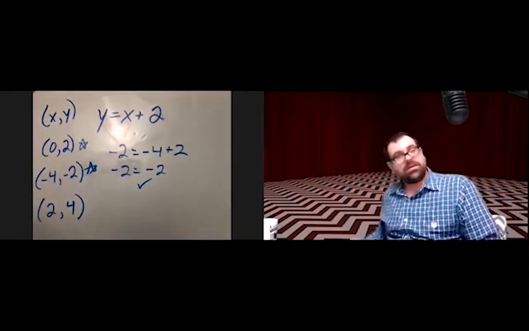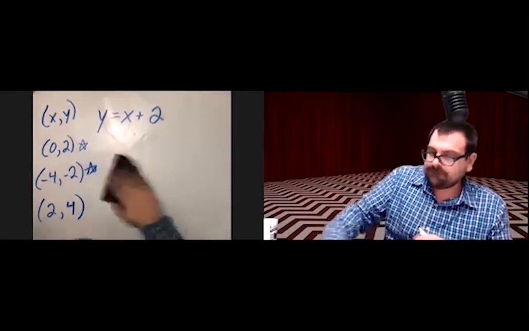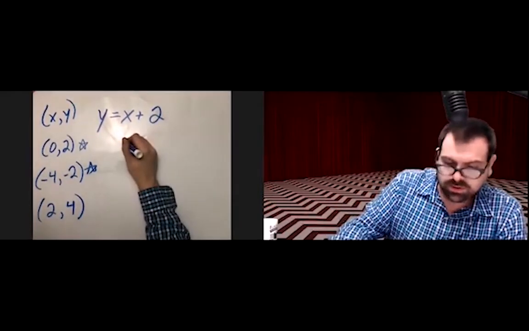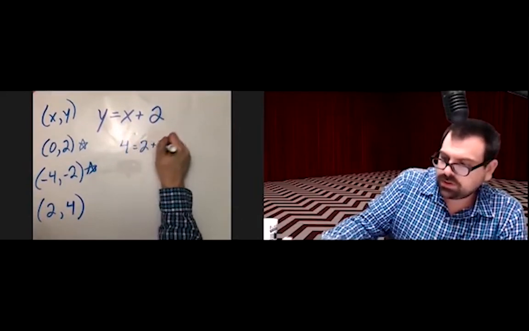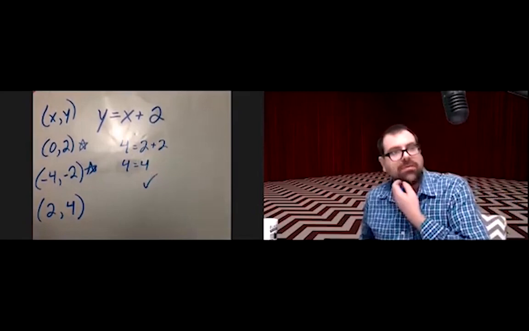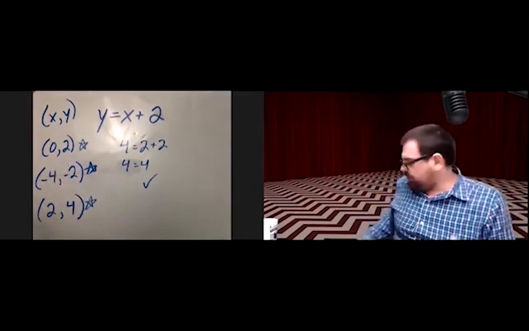So that one's a solution. Let's check this one, (2, 4). x is 2, y is 4. That checks out. So all three of those are solutions.